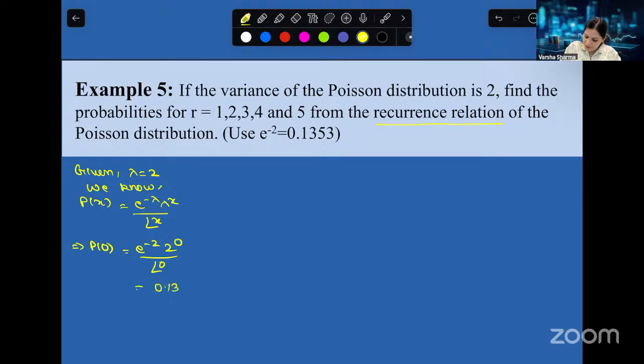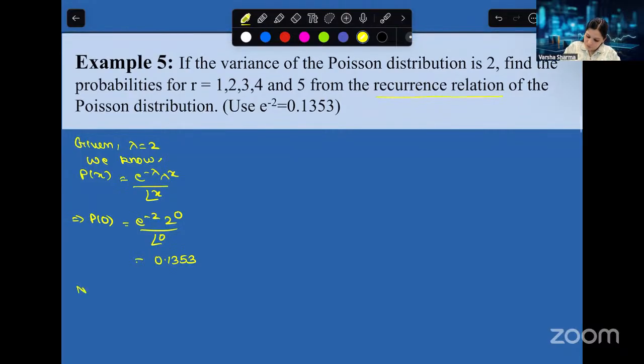So P of 0 is 0.1353, right? And now by the recurrence relation, P of r plus 1 equals lambda by r plus 1 into P of r.